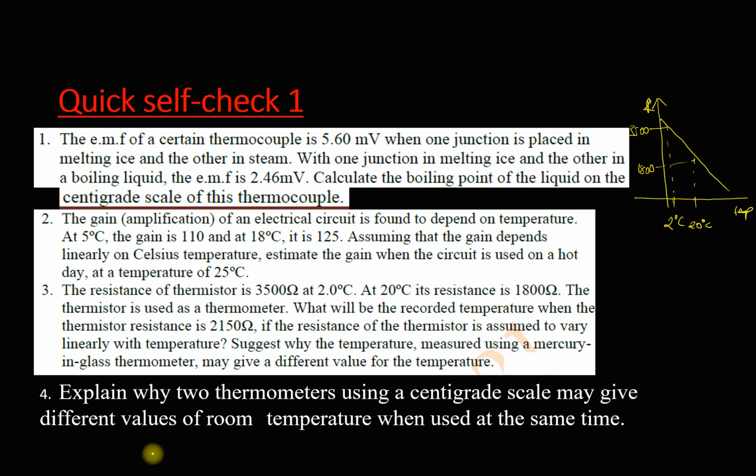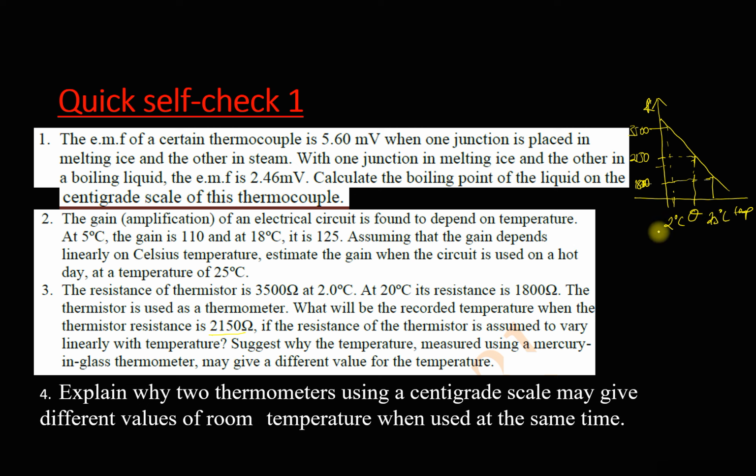Okay, let me try to expand this. So let's put 20 here, and the resistance corresponding to 20 is 1800. We know 2150 is between these two, and this temperature is going to be theta.